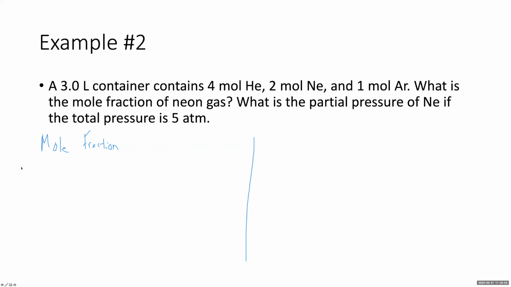The mole fraction, let's call it X of i, is going to be equal to the moles of your element divided by your total moles.